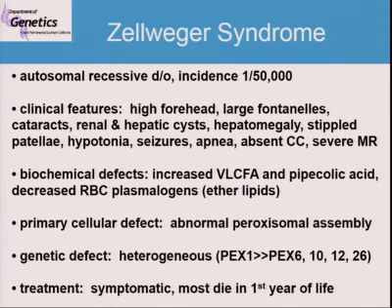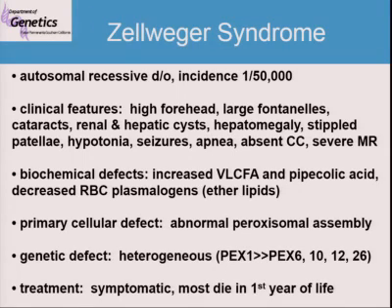If there are more than 22 carbons, they're not measured in the newborn screen. So these are some of the clinical features of Zellweger's: the high forehead, the large fontanelle. We can see cataracts, we can see cysts in internal organs, we can see hepatomegaly, we can see these stippled kneecaps and seizures and absence of the corpus callosum. And these kids do very, very poorly.